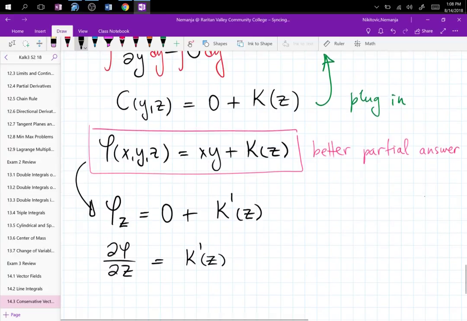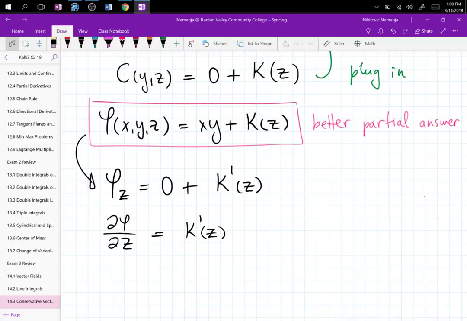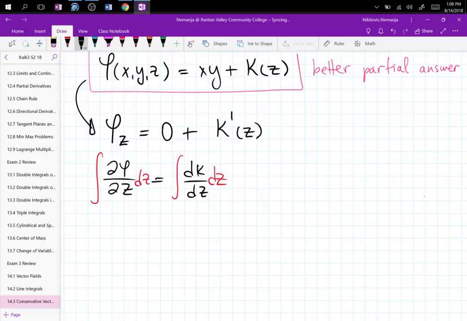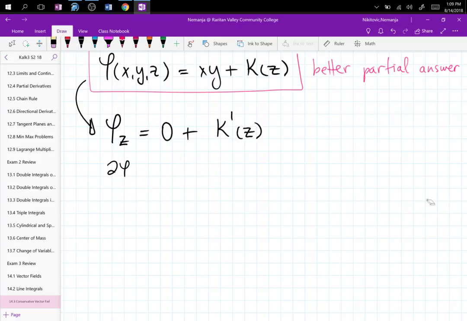Now, let's write this as dk dz. And now we are going to integrate both sides with respect to z. Oh wait, hold on, wrong, bad, terrible.